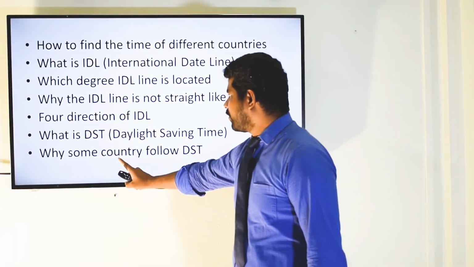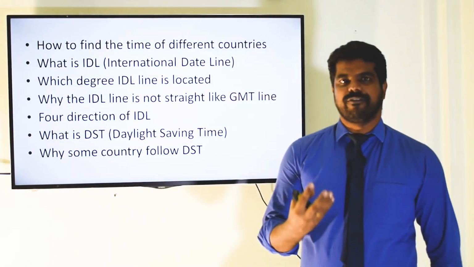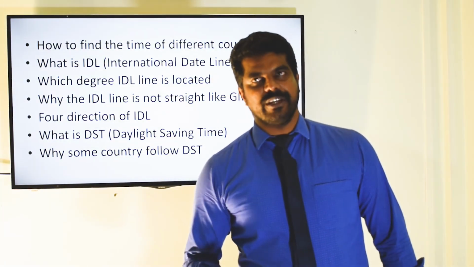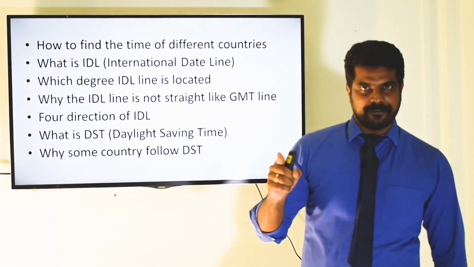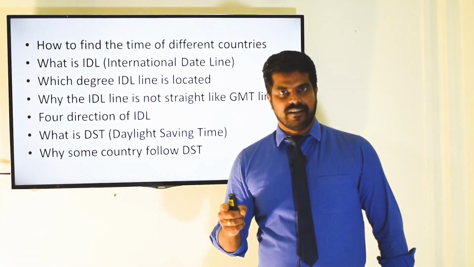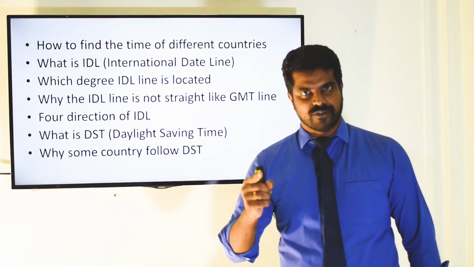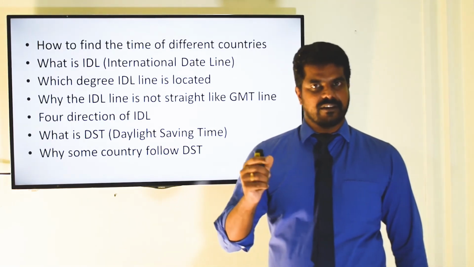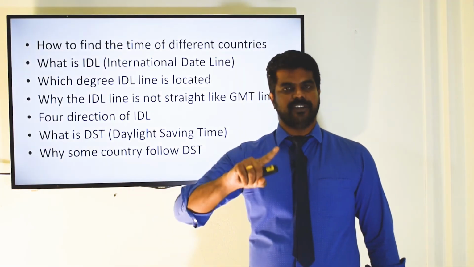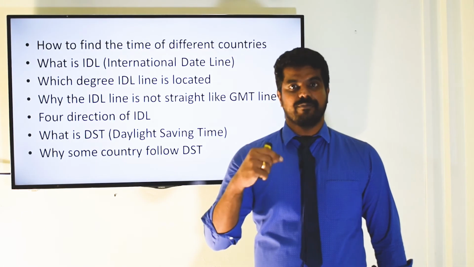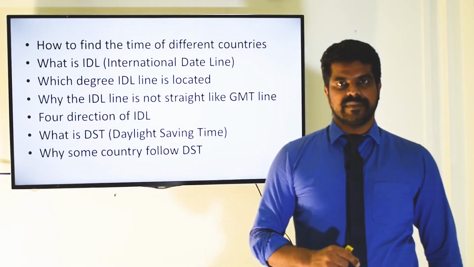Now we are going to look at why those countries follow daylight saving time, right? If they change the clock from 5 to 6, they will wake up earlier, right?